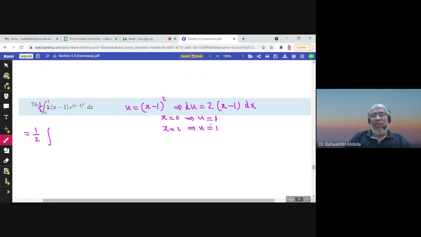Well, I'll have integral from 1 to 1. 2 times x minus 1 dx is du, and this is e to the power u. But since the integral is from 1 to 1, the final answer immediately would be 0.